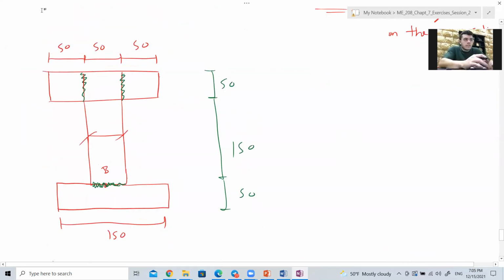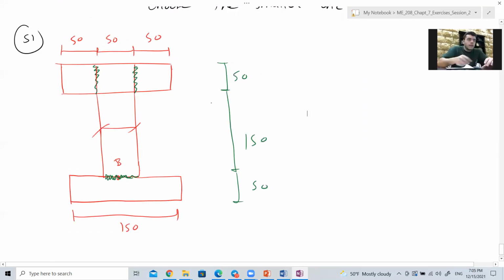So first thing, let's find the centroid and the moment of inertia of this section. So step 1, find the centroid.